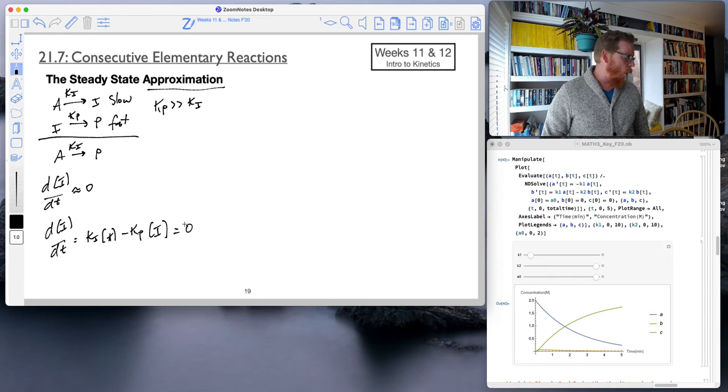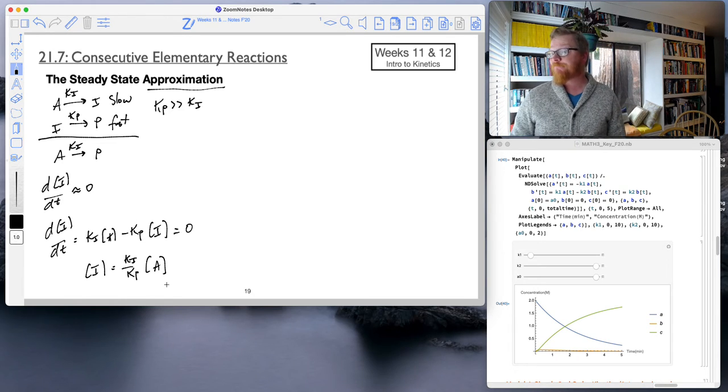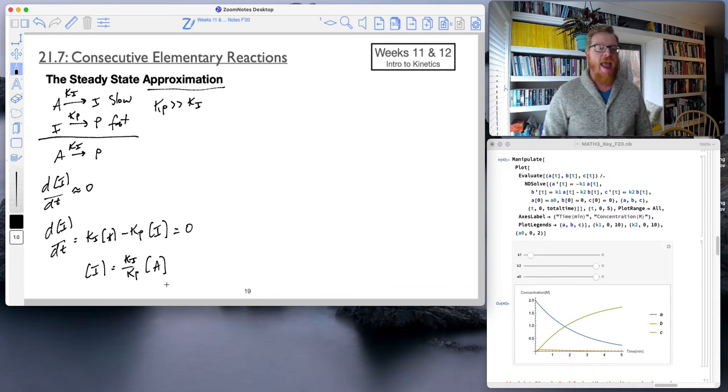And so now what we can do is rearrange this algebraically, and we can say simply, I is just going to be Ki divided by Kp times A. Okay, simple as that. And we also note here that technically speaking, these are the results for I at any time t, and so that would be A at any time t.